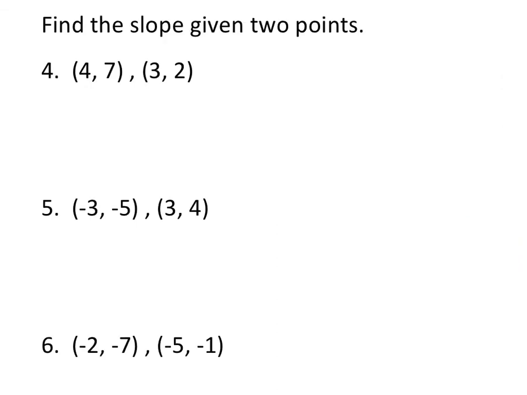Okay, in this next set of problems, we have 2 ordered pairs, and we're going to try and find the slope. Well, if you remember from up top, your slope formula is y2 minus y1 over x2 minus x1. So let's use this formula to find what our slope is.